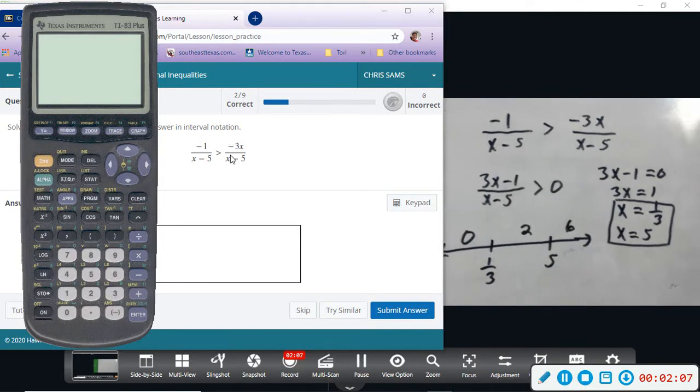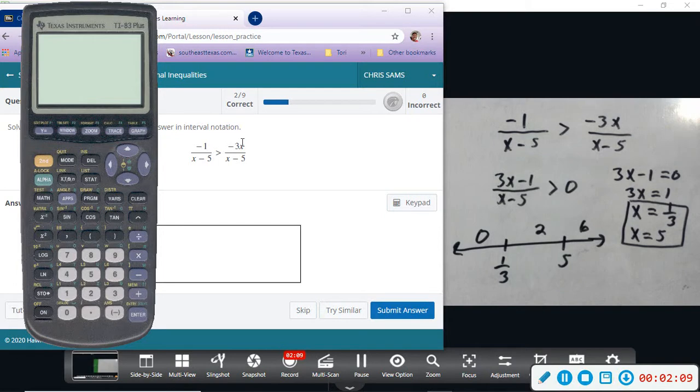And what I'm going to do, I'm going to put this into y equals. Since we have a fraction, you want to put the numerator and denominator in parentheses with the older 83 version.